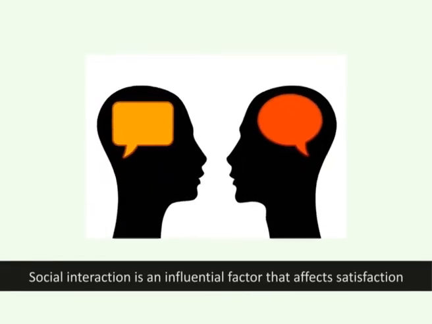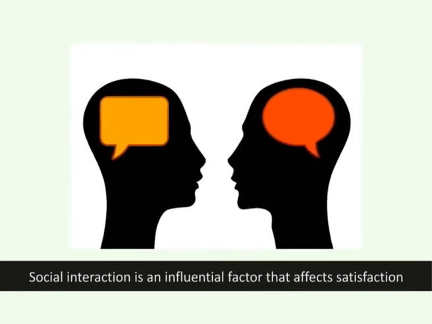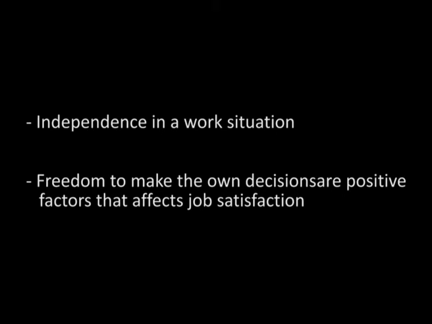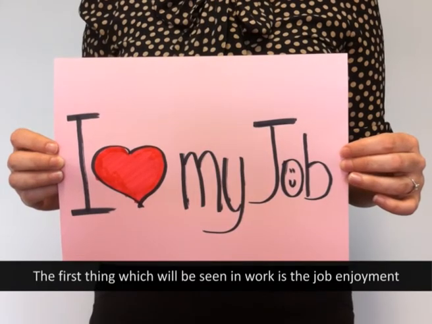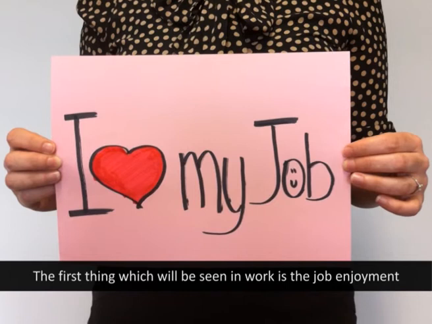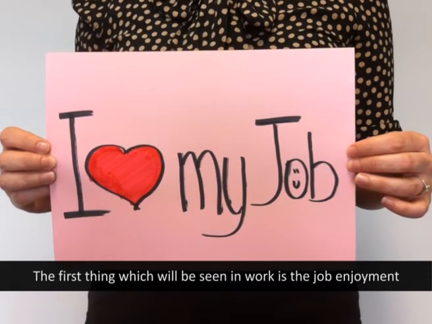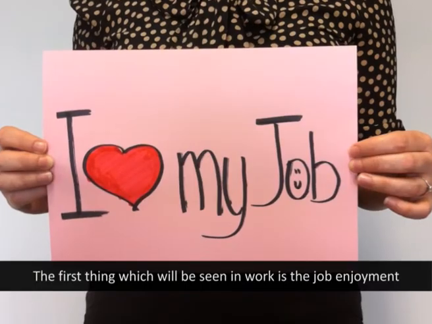Social interaction is an influential factor that affects satisfaction. Independence in a work situation, freedom to make one's own decisions, is a positive factor that affects job satisfaction. If three persons are engaged in the same work with someone doing better and someone worse, the first thing which will be seen is the job enjoyment.